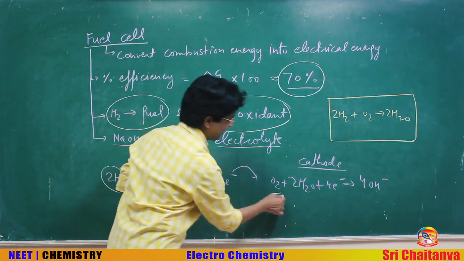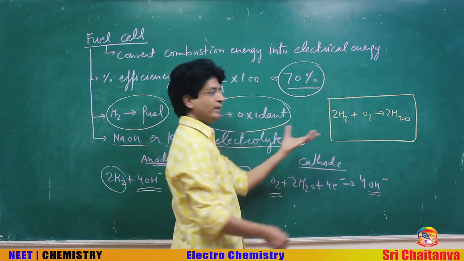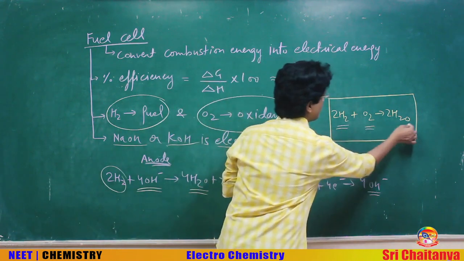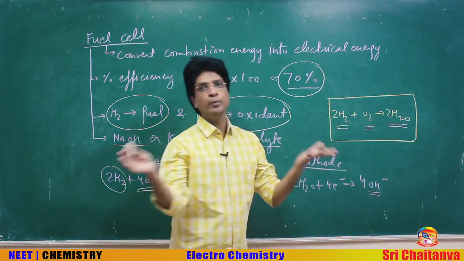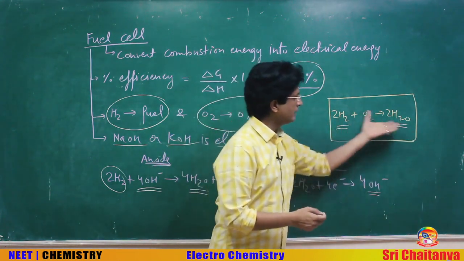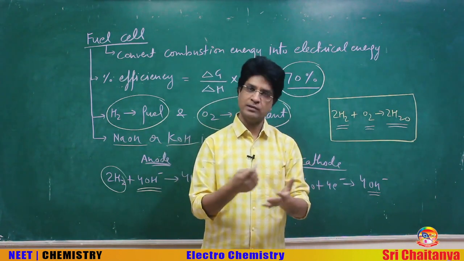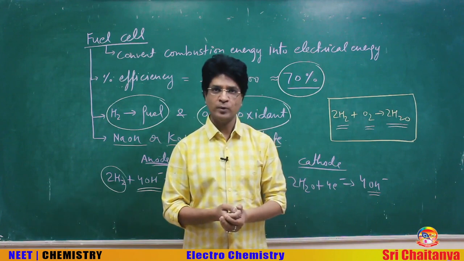Electrons will be accepted by O2 and it will give you OH- ions. So net reaction will be 2H2 plus O2 giving you 2H2O. No pollution. It is completely environmentally friendly. And ultimately, finally, you are getting water as a byproduct, which you can utilize anywhere you want. Clear?